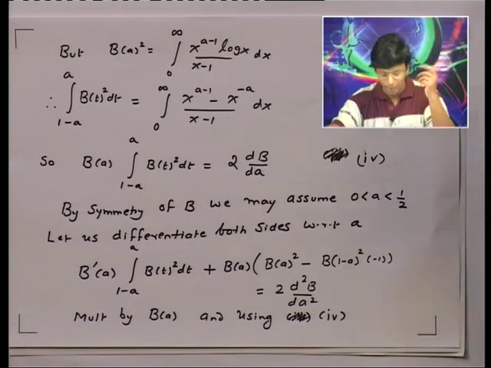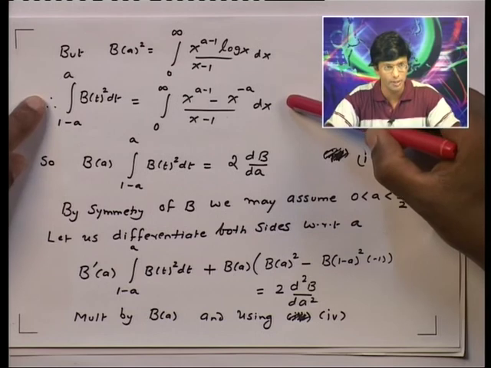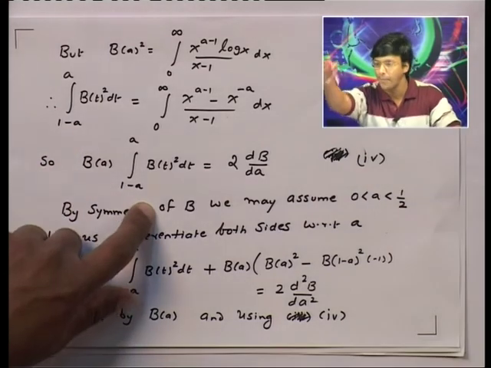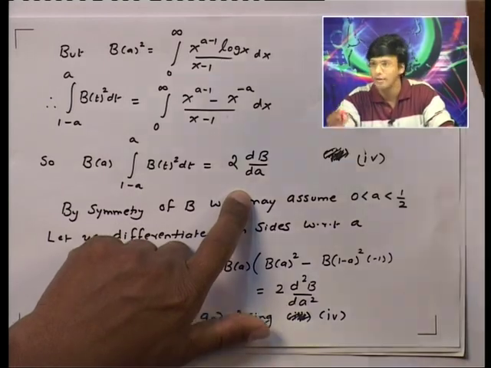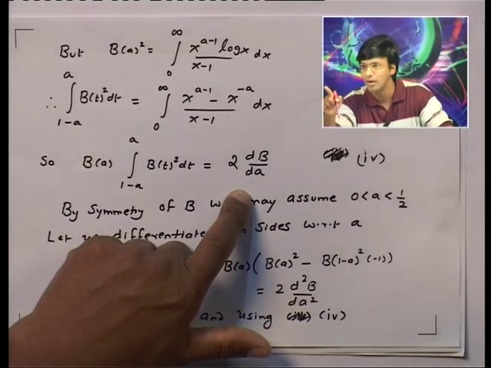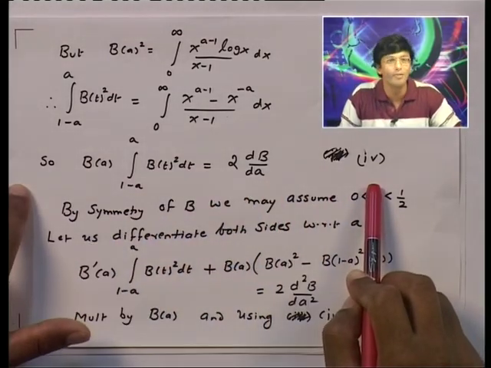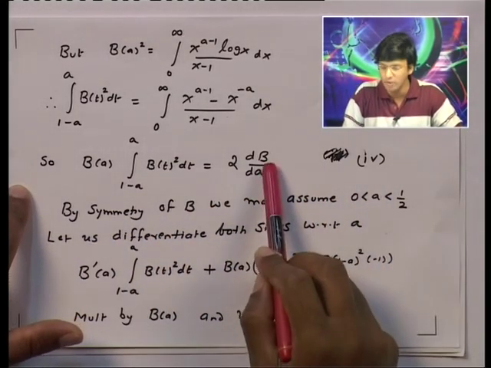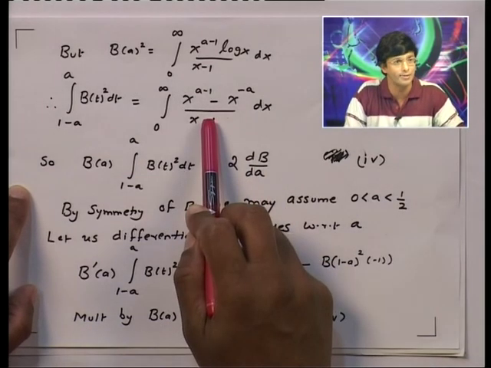But now multiply this equation by B(a) and compare it with one of the equations that you have got earlier, the dB by da, remember? You see this equation 4 coming out now? You wrote down that expression for dB by da, no? And that is exactly this.